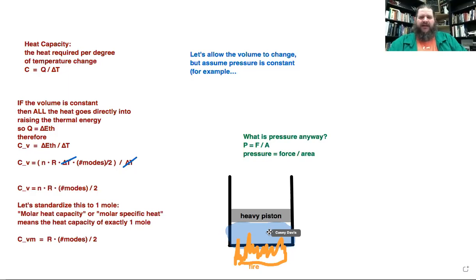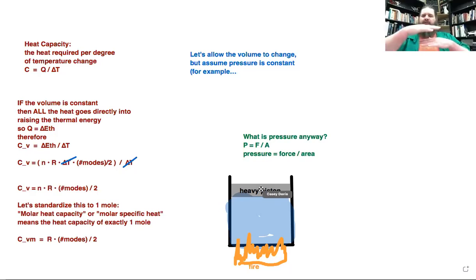That's going to increase the temperature of the gas and also make it expand, causing the piston to rise. So adding heat causes the gas to expand, which causes the piston to rise. But as the piston rises, it's gaining gravitational potential energy, which means the gas is doing work on the piston.